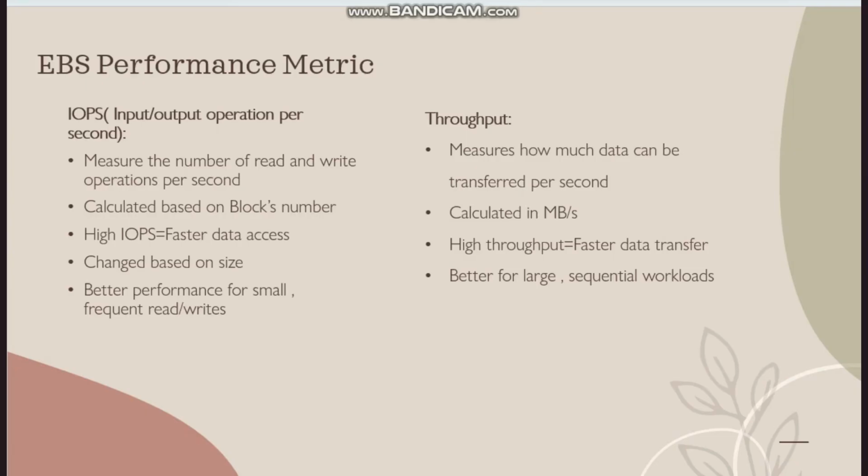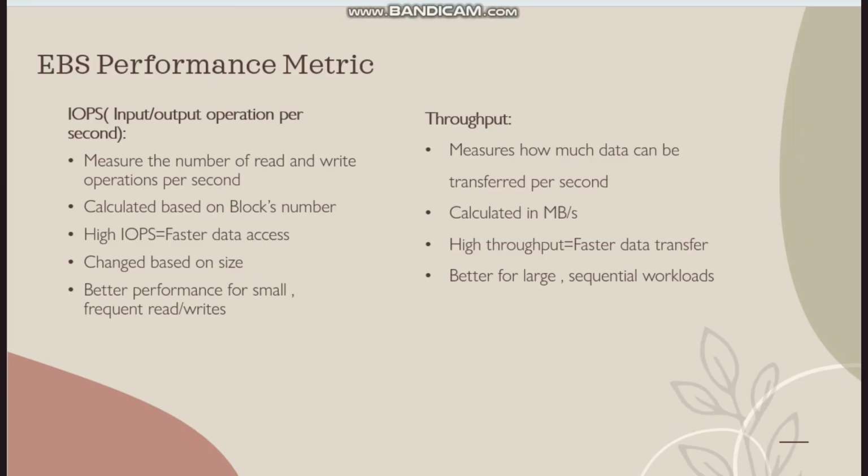EBS performance metrics. There are two types of EBS performance metric: one is IOPS and another one is throughput. IOPS means input output operations per second. It is used to measure the number of read and write operations performed per second, and the calculation is based on the number of blocks.